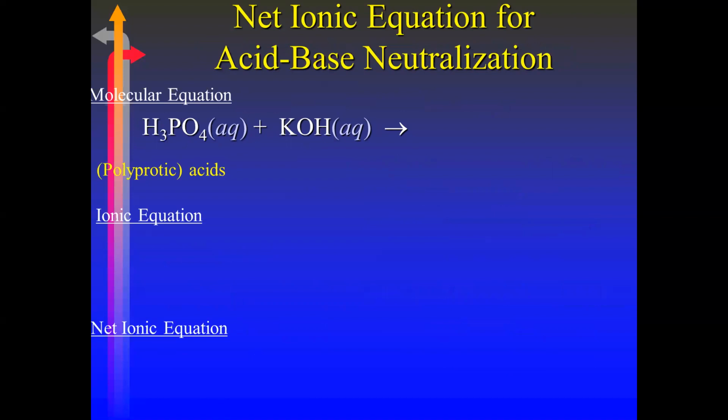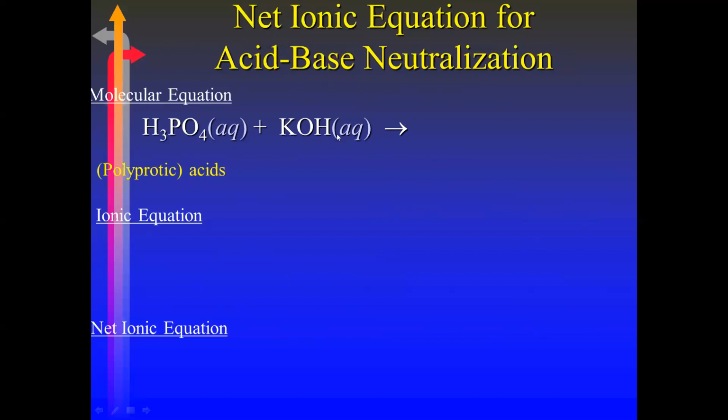Let's review our previous knowledge and write the ionic equation for that. We first write the ionic equation and then we write the net ionic equation. Before doing that, let's take a look at the molecular equation, right? Molecular equation means everything is written in the molecular form, like this.